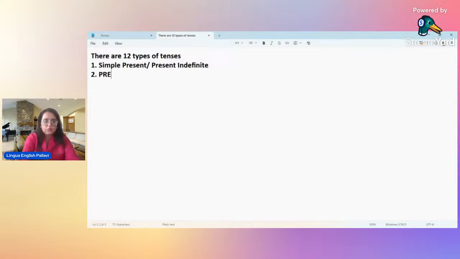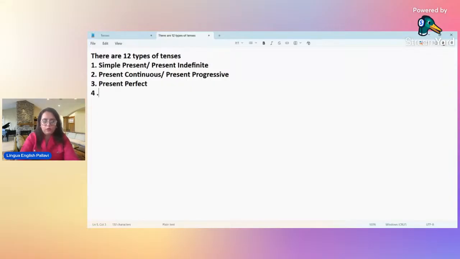Next, it is present continuous. Present continuous, we also call it present progressive. So present continuous and present progressive both mean the same. Now, the third tense that we will be learning is present perfect tense.